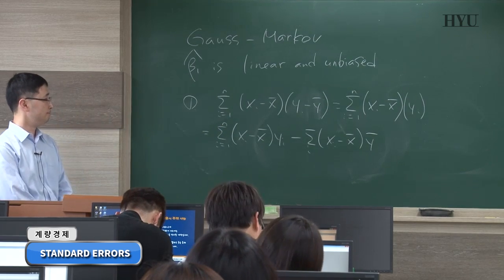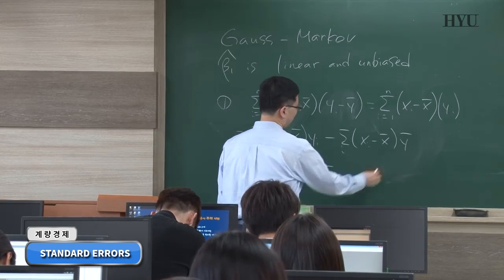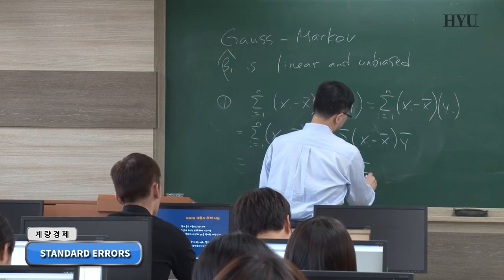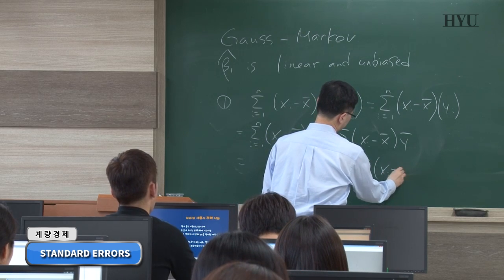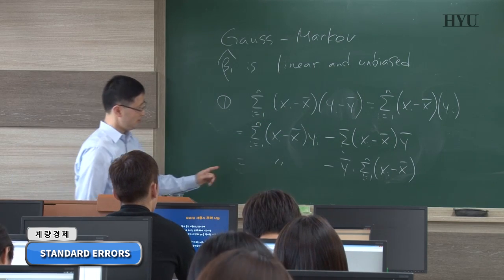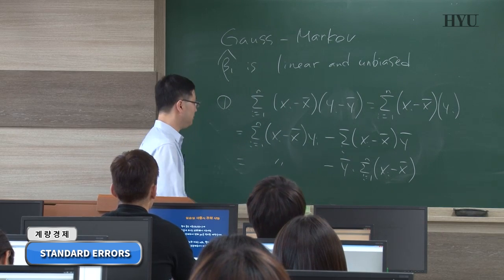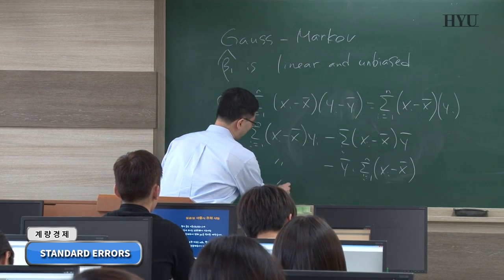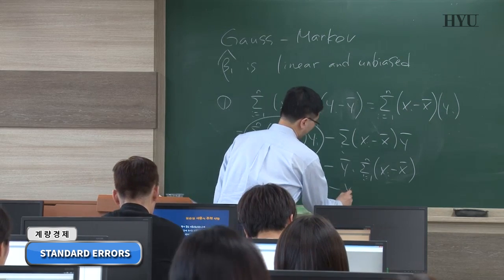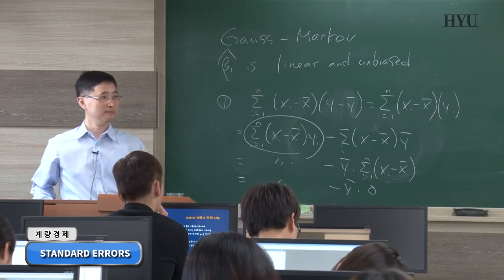And y bar is a constant for this summation sign, so you can put it out. What happens to this summation? That disappears, right? So we only have the first term left, minus y bar times g. So that shows the claim. Okay?